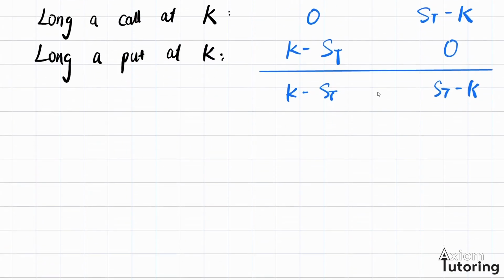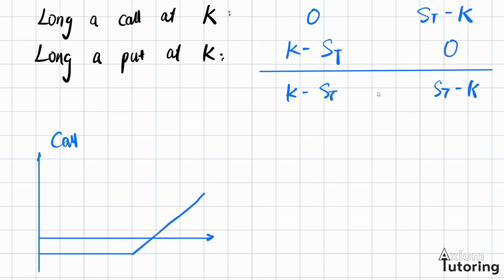For the call option, we have seen the payoff diagram before. It's basically something like this. With just one unit of this call option, we'll have a 45-degree line, and this will be our strike price.